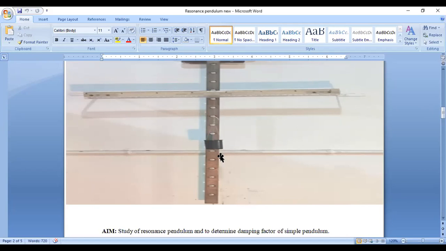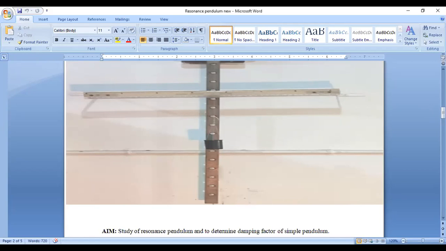As the energy is transferring, you will see that the amplitude of a simple oscillator gradually increases, and it reaches maxima, and you will have a maximum amplitude for a certain value of length L of a simple pendulum.